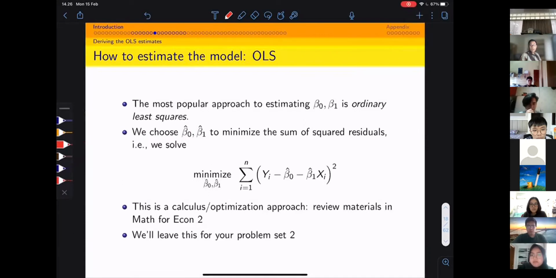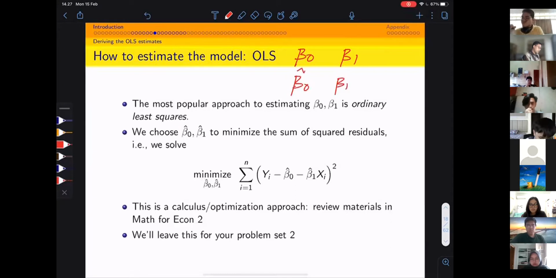Now, given that we already have the data and we already fulfilled the zero conditional mean assumption, what we're going to do is estimate the model. Okay. So when I say estimate the model, again, what you care about is beta 0 and beta 1. We don't know the values of beta 0 and beta 1 because they are parameter values. And so what we're going to do is use the data to try to estimate beta 0 hat and beta 1 hat.